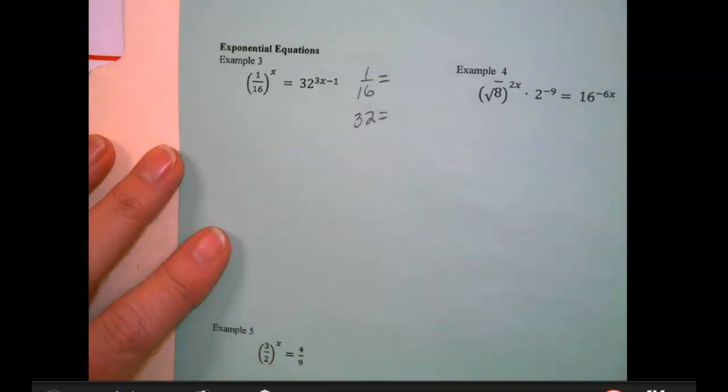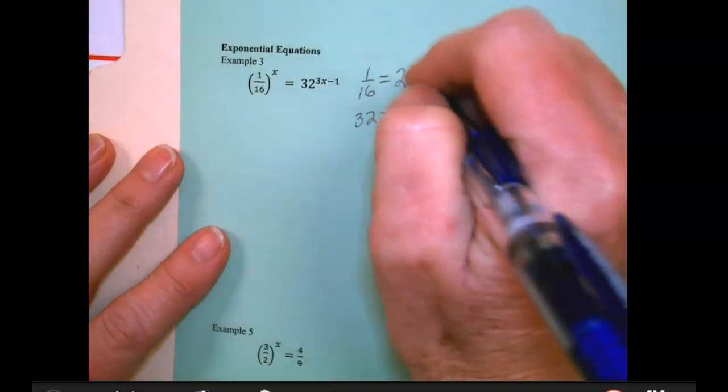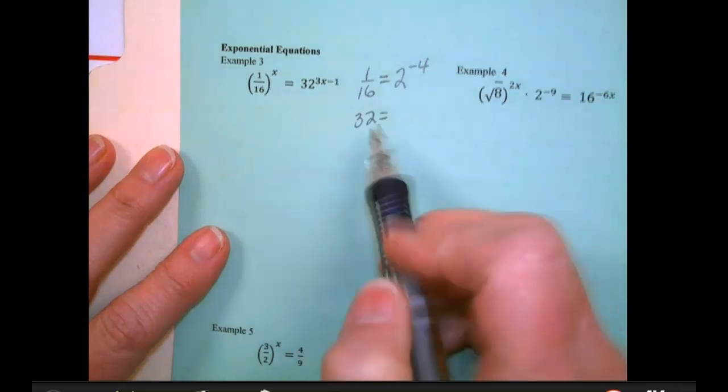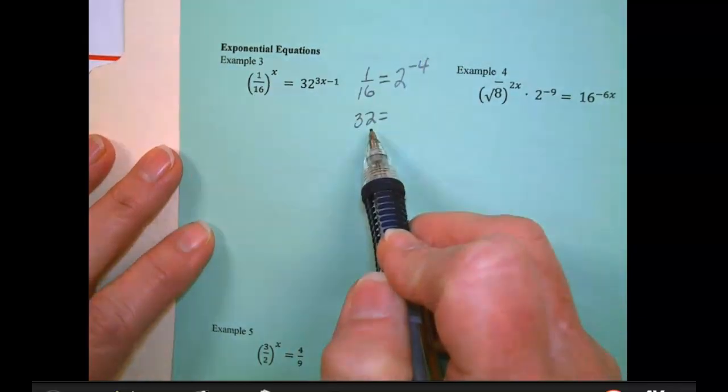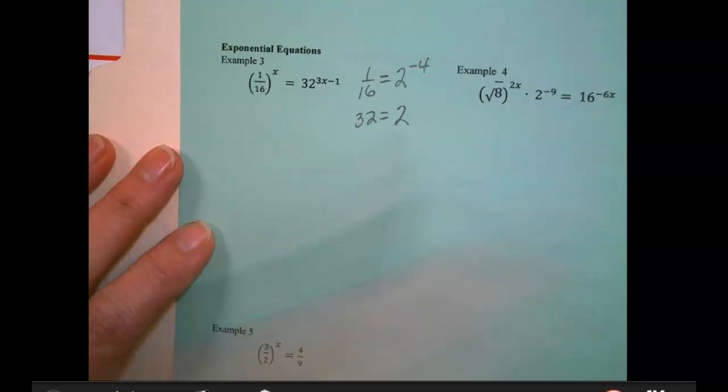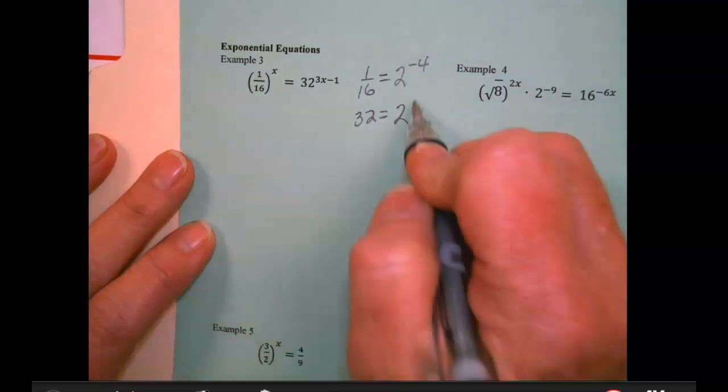So if 16 is 2 to the 4th power, and I want to move it to the denominator, what do I do to the 4? Okay, so then I have 32. That's going to be 2 to the what, Shelby? 2 to the 5th. So then I'm going to go ahead and substitute these in.